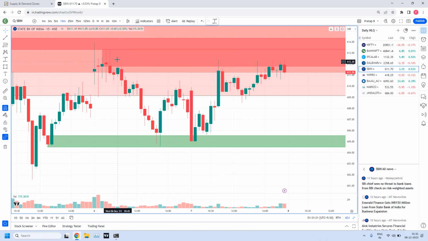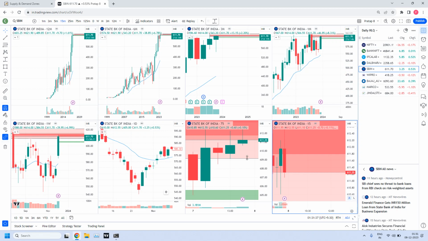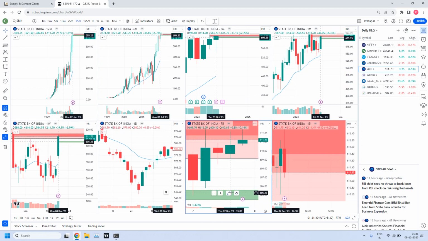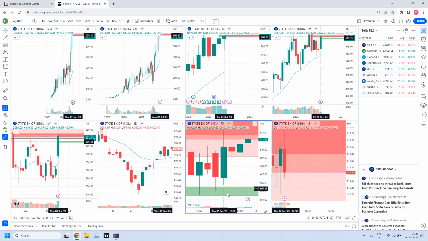This is also acting like a trap. Which trap? Bull trap. Why? Look into our 75-minute zone we have deleted. Let me draw that zone again.